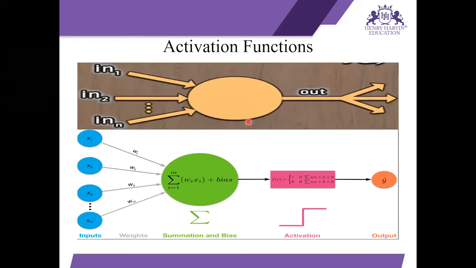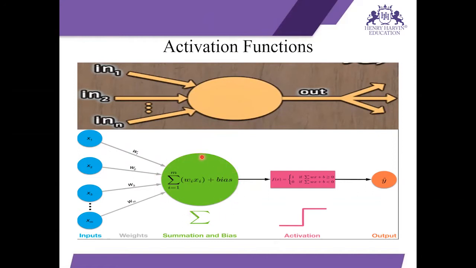So this is basically a neural network. You can see several inputs here and some processing happens here and we will get an output. If we look into this figure, we can see some inputs x1, x2, x3, up to xm, and there are weights w1, w2, w3 up to wm.